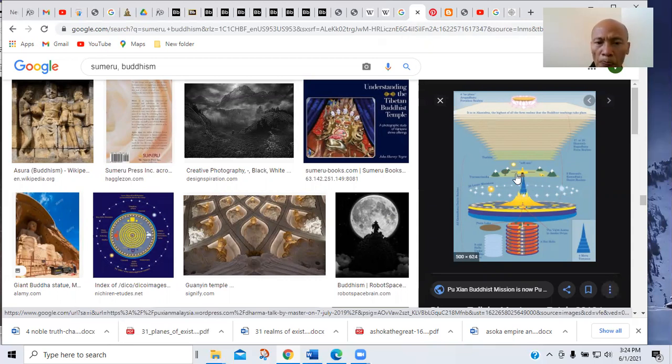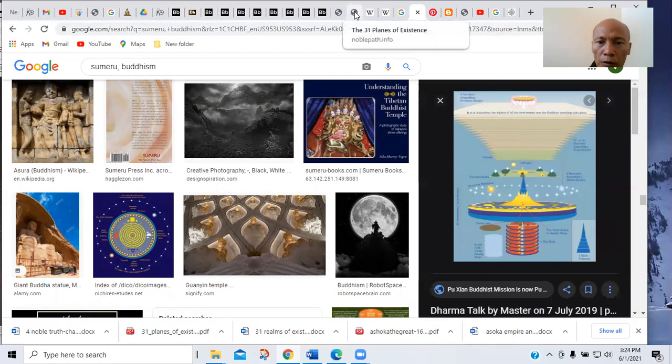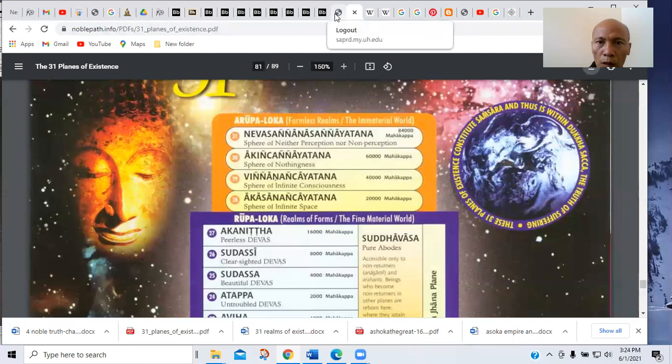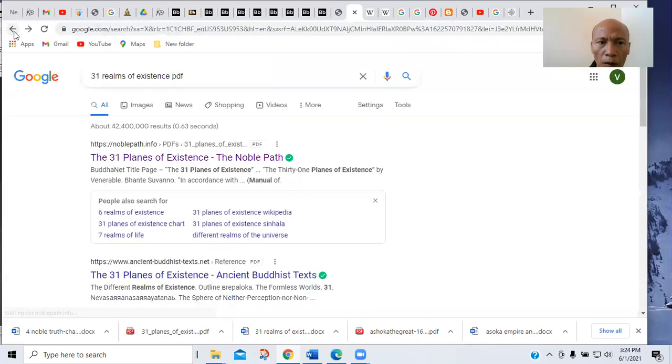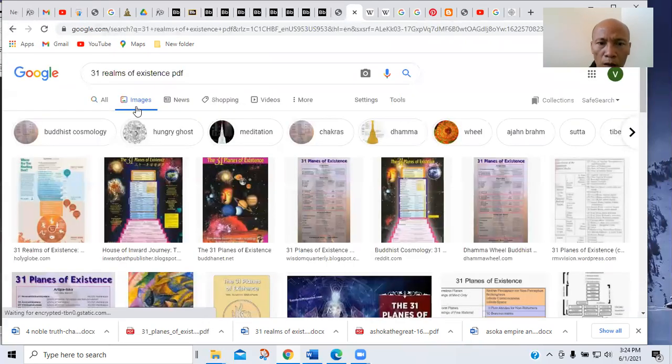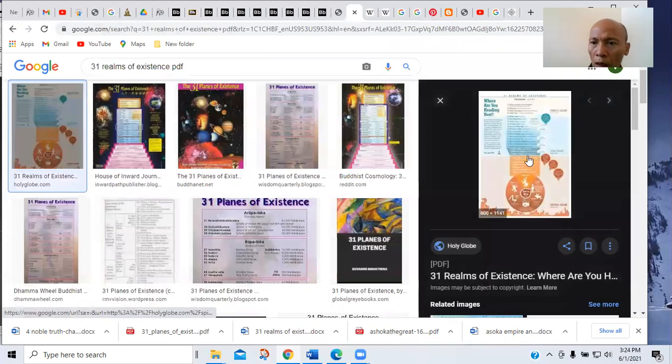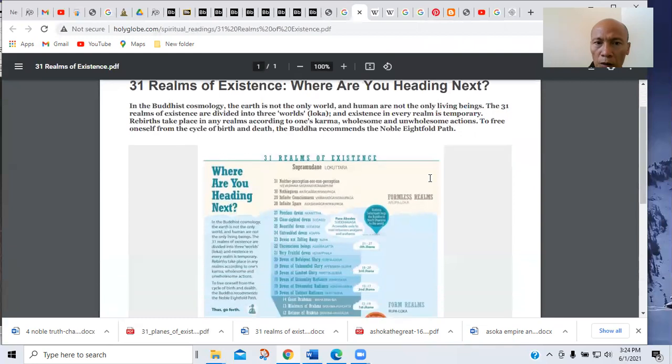Depending upon the merits, depending upon how we live, each realm can create some type of karma to be born in that type of realm of existence. Here is another explanation.